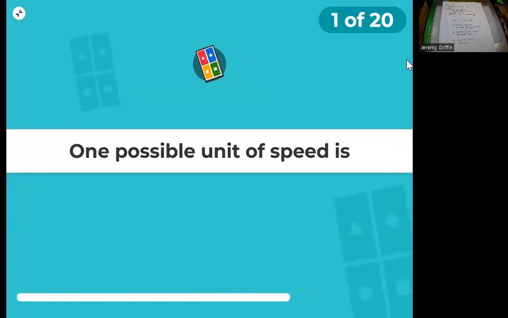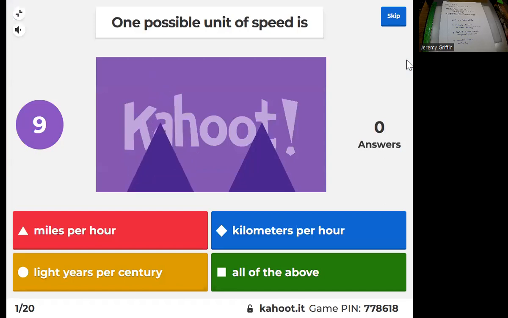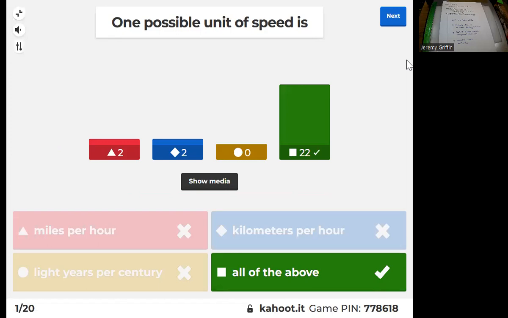One possible unit of speed is... oh yeah, all of the above might be the answer. Yeah, in this case it is. Those are all true.